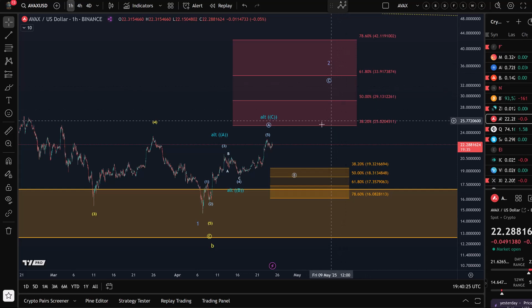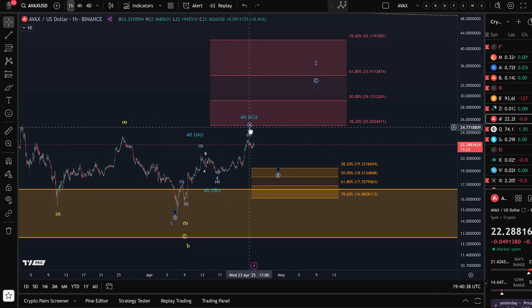Now, looking at the pullback, which might start from here, it could be a B wave. So we have a 5-wave move up, which I'm labeling as an A wave of wave 2. So that's one interpretation. It's quite sloppy, that move up. So I am tracking this as a 5-wave move up, which honestly might be complete.